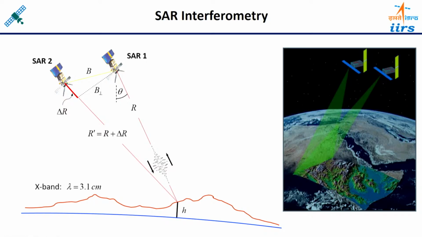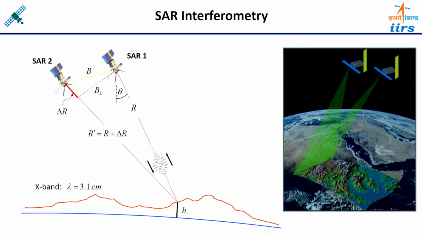It means two complex signals are combined together and the phase difference is calculated. That phase difference is converted into path difference, because there is a very famous formula: phase difference equals 2 pi upon lambda into path difference. So phase difference from these two signals is coming. 2 pi is constant, lambda is the wavelength of the radiation which we are using in the microwave portion, and path difference you can calculate.